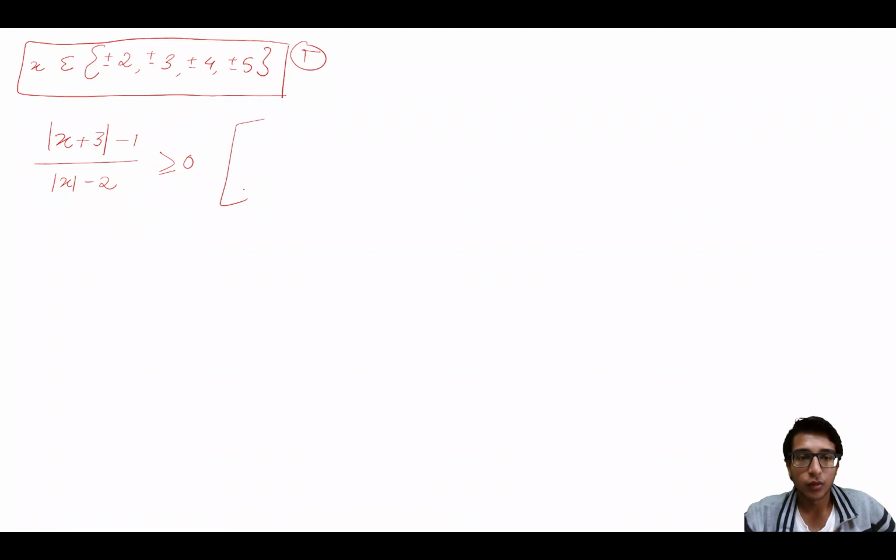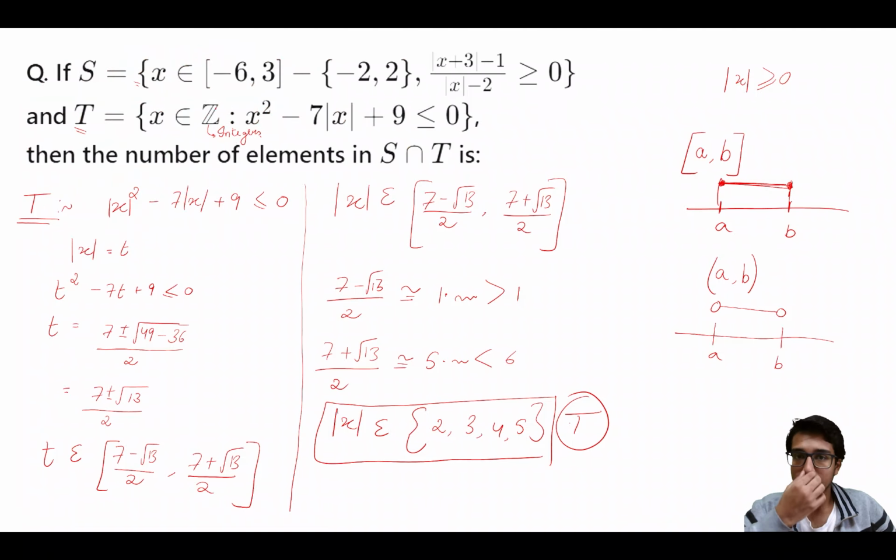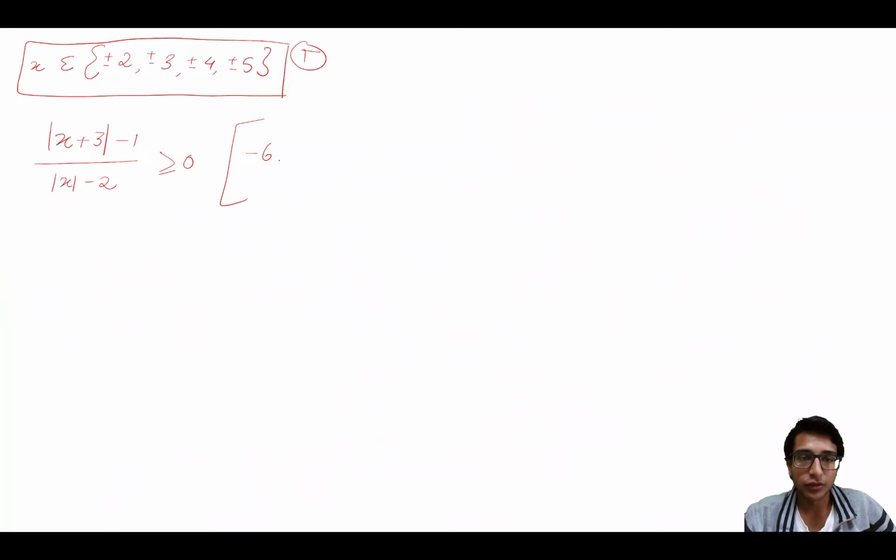And then what is the condition that they've applied? They've applied this condition that it belongs from minus 6 to 3, and minus 2 and 2 are not included in this set.